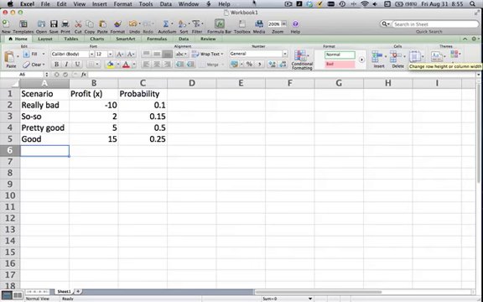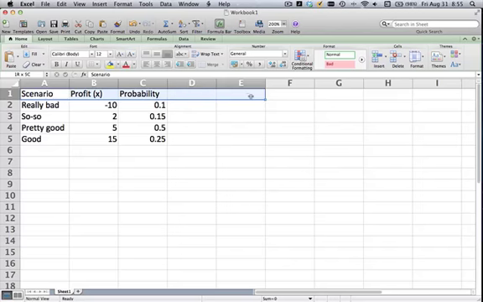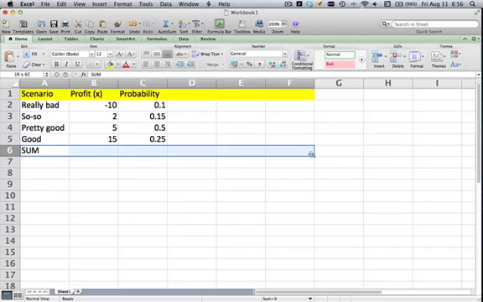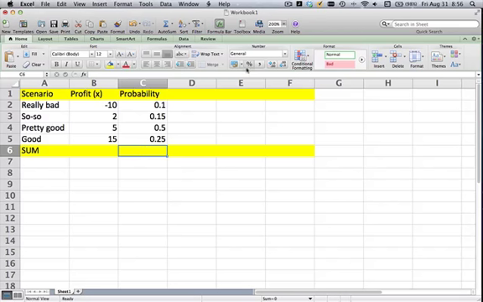I've typed in that table. This is table 8.6.1 in the book. And remember that we always add a new row at the bottom that I call the sum row. Add a little bit of highlighting for that too. And the probability should sum to 1. If they don't sum to 1, we've done something wrong.